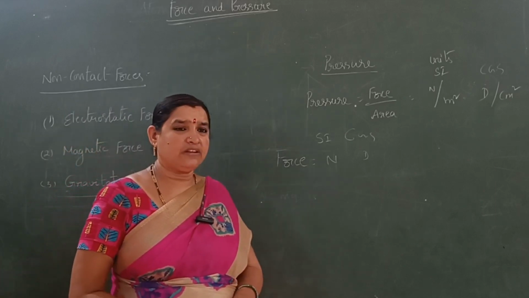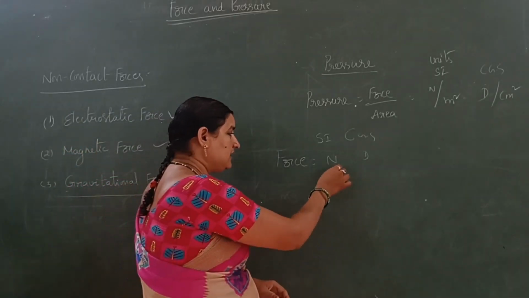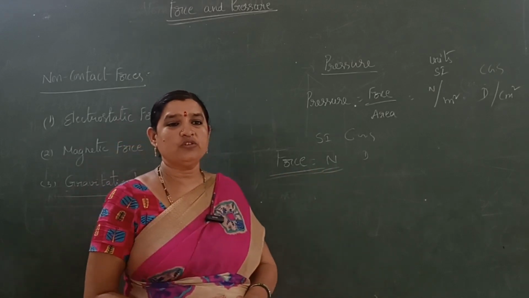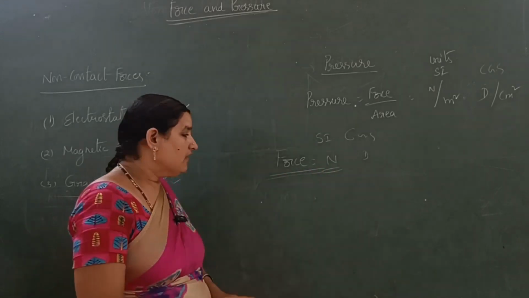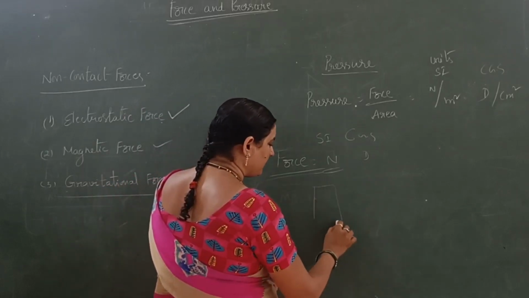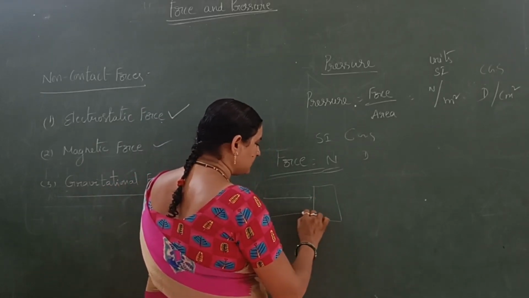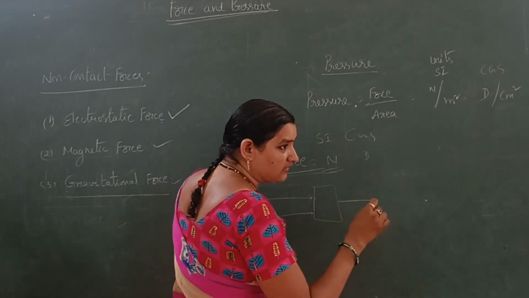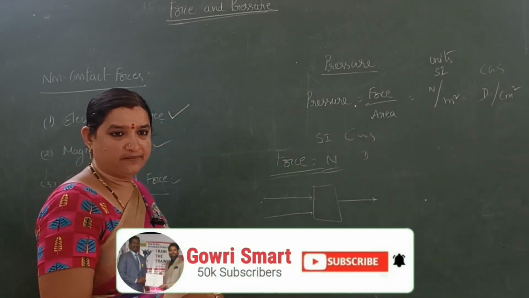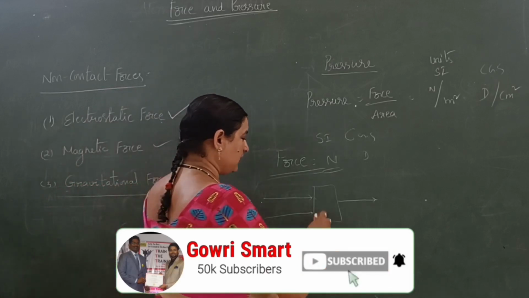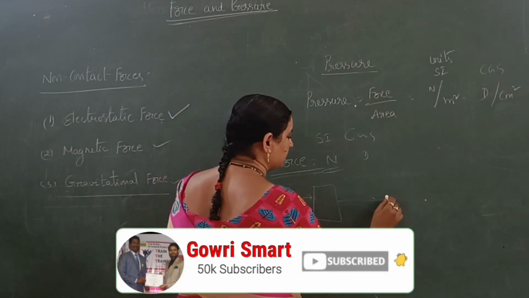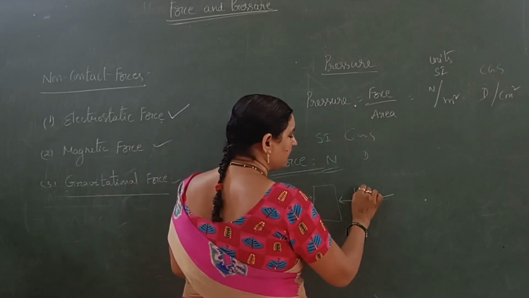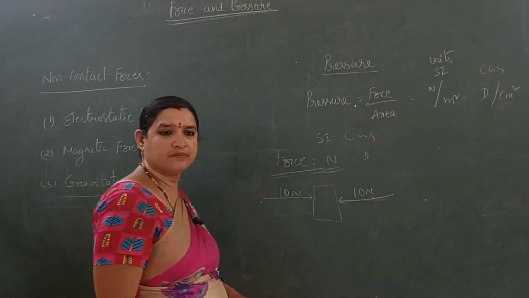We have to observe one thing also. The effect of the force depends upon the direction. Suppose there is an object and we are applying force in the same direction, then it moves forward with increasing speed. Suppose we are applying the same force in the opposite direction, here 10 newtons and also here 10 newtons.